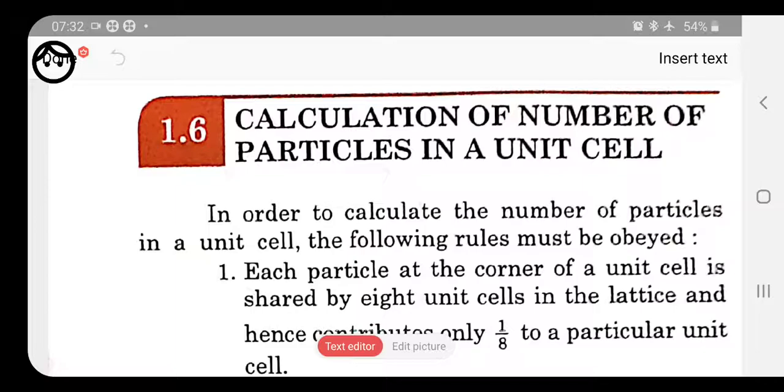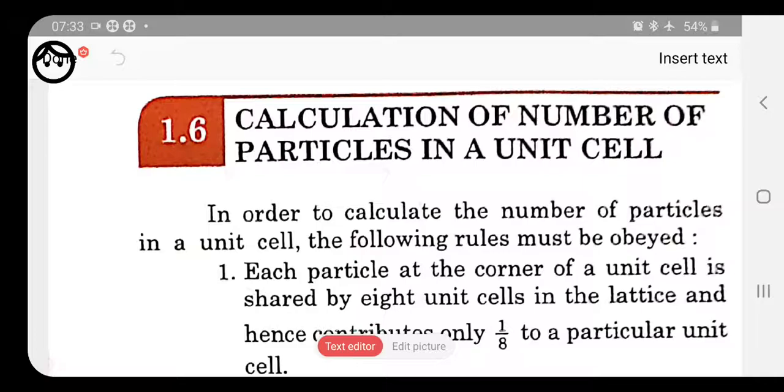We know that whenever we are talking about the constituent particles present in a solid, these are arranged very close to each other. Very close packing is done in case of solids. Each constituent particle which contributes to the formation of a crystal is called a lattice point, and these lattice points combine with one another to give a particular geometry called a crystal lattice.